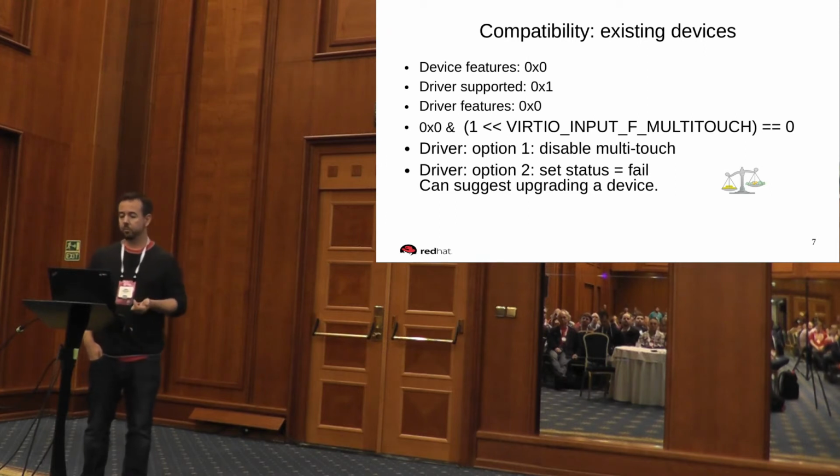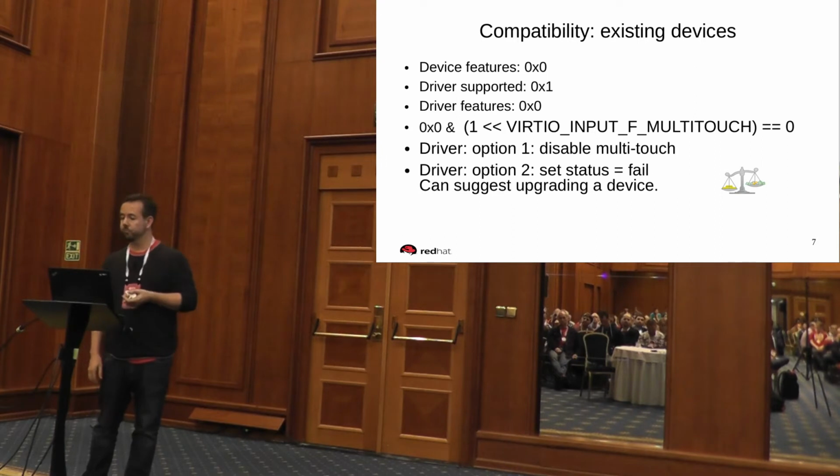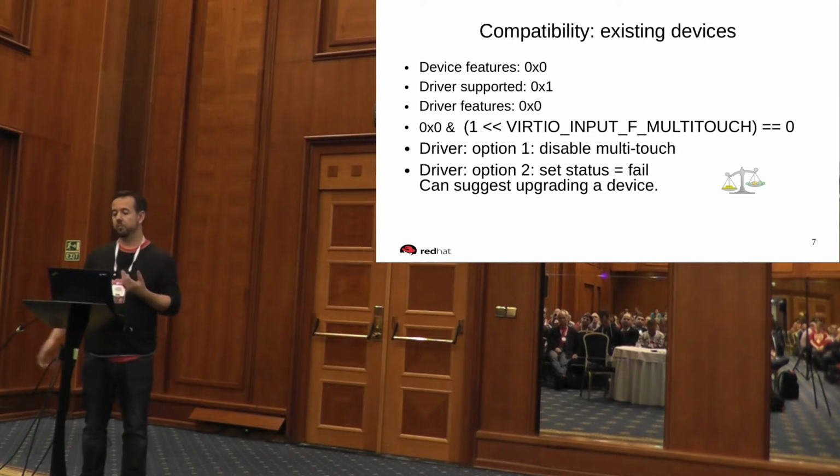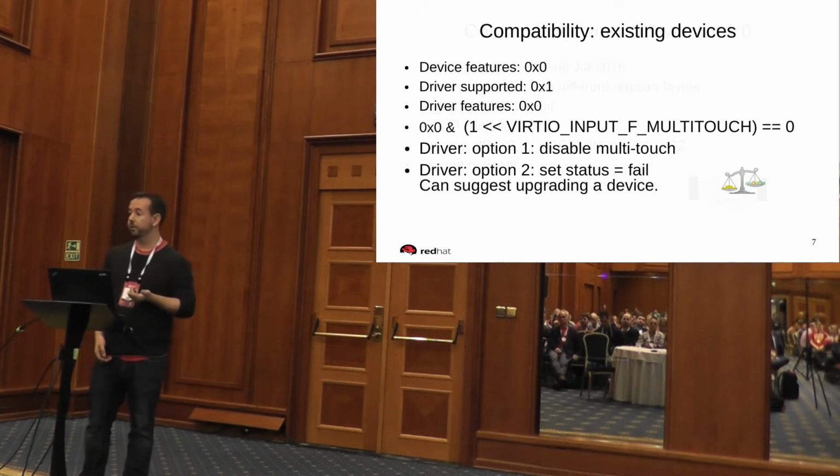As a result, we end up with 0 in the driver features register, indicating to the driver to disable multi-touch for the guest. So in a way, compatible with the old device. This works in the reverse direction as well. If there's a feature you want to drop, you can do this by clearing a bit in the device and driver feature bitmaps without affecting any other functionality.